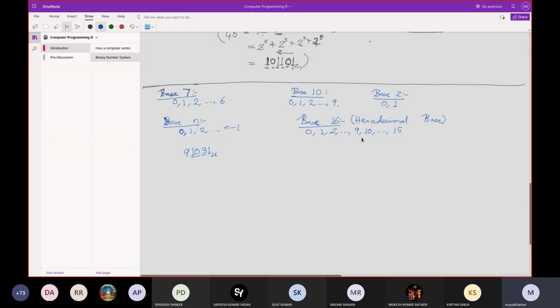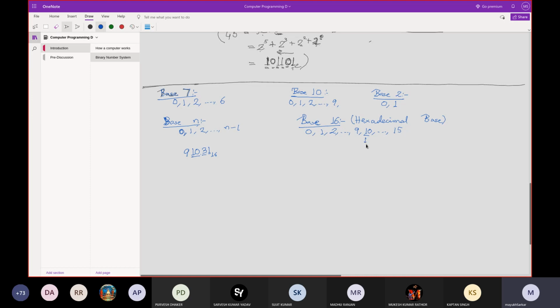So for that, not only in base 16, for any base greater than 10, those digits which do not have special symbols are represented by corresponding alphabetic symbols.